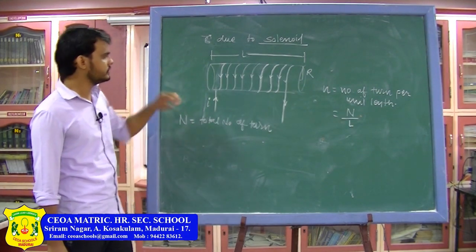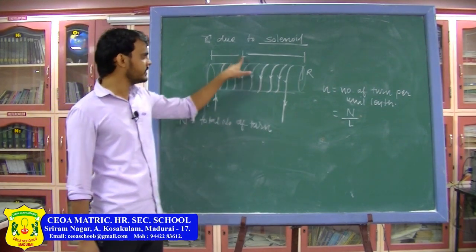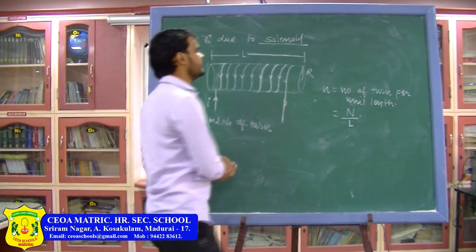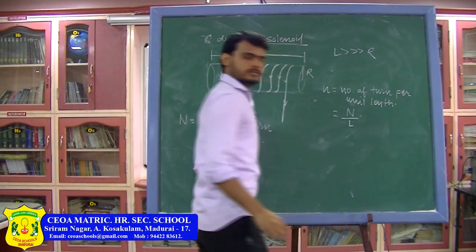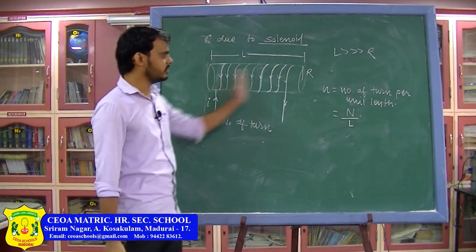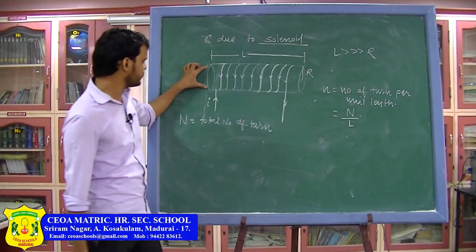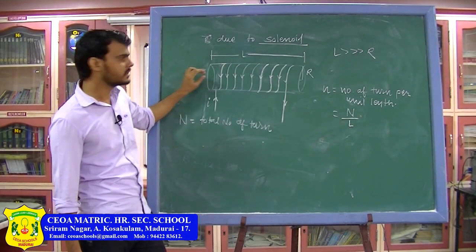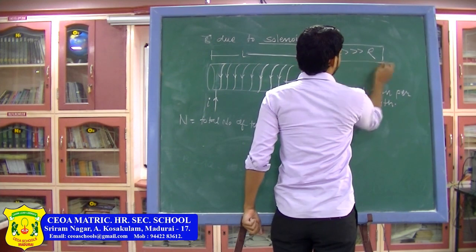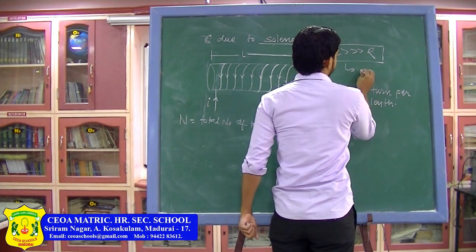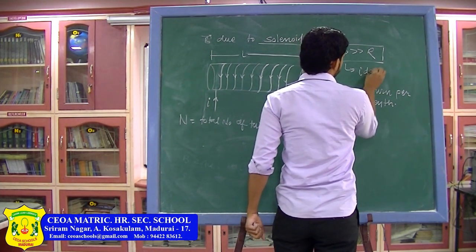Now next thing you have to remember, here we are assuming the length of the solenoid is very much greater than the radius of the solenoid. So the length of the solenoid is very large, but the radius of this pipe is very small. So this kind of solenoid where the length is very large compared to the radius, we call an ideal solenoid.